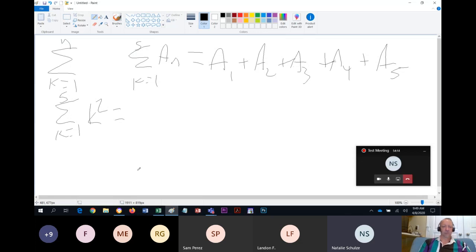So would it be 1 squared plus 2 squared plus 3 squared plus 4 squared plus 5 squared? Okay, and you could put that in your calculator and figure it out. That would be, in this case, 55. 5 squared is 25, plus 16 is 41, plus 9 is 50, plus 4 is 54, plus 1 is 55. All right, well done.